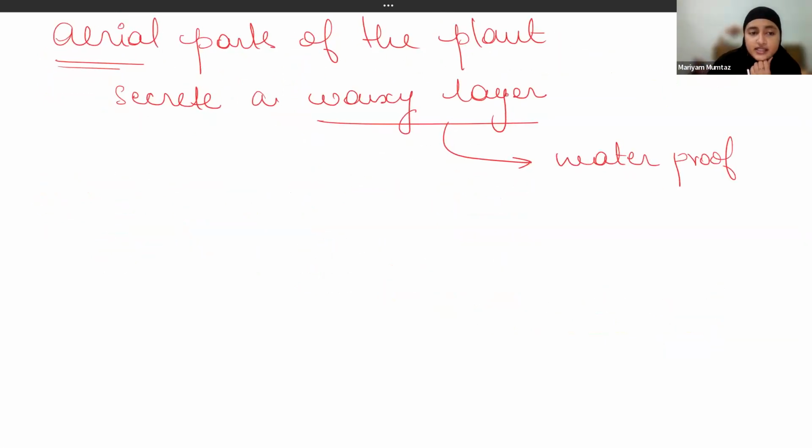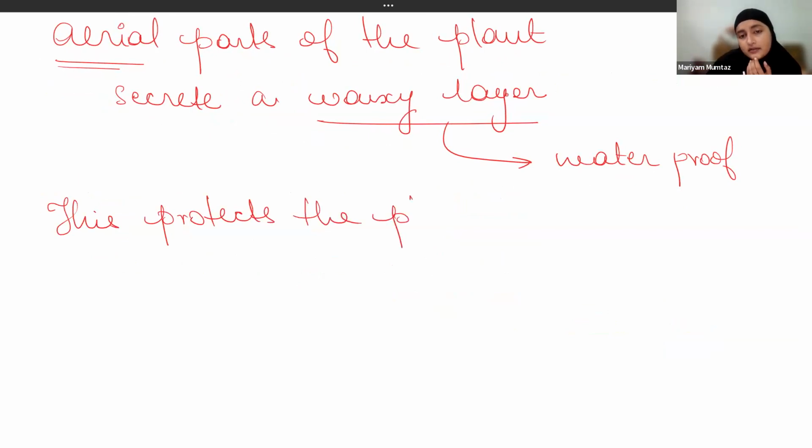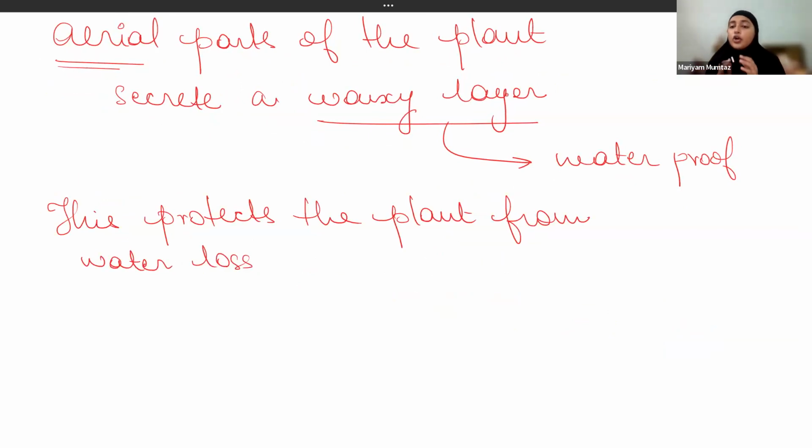So this waxy layer protects the plant from water loss. Since the waxy coating is waterproof, no water can be lost or come in. Is it clear? Yes, it's clear. Do you have any doubts?